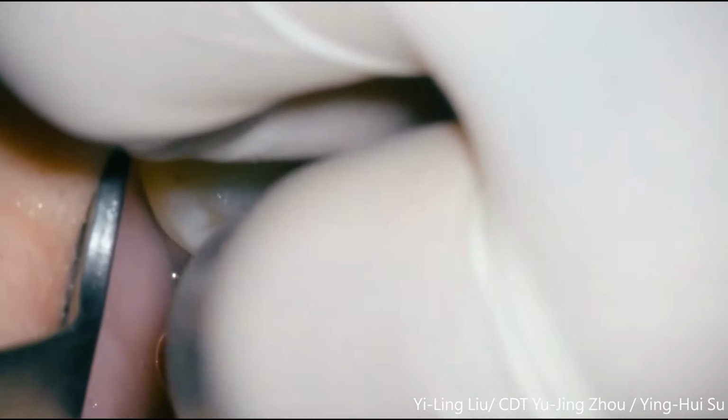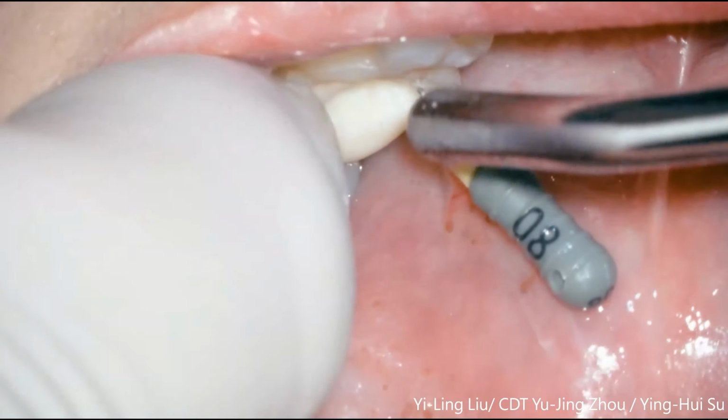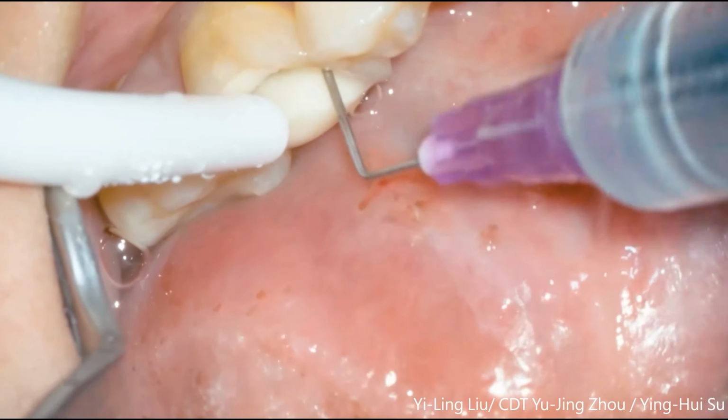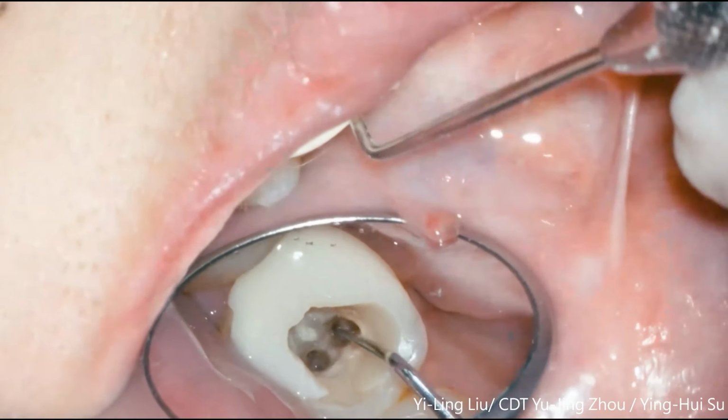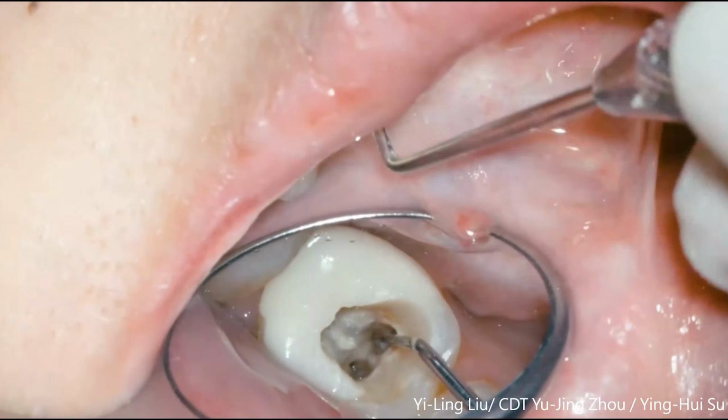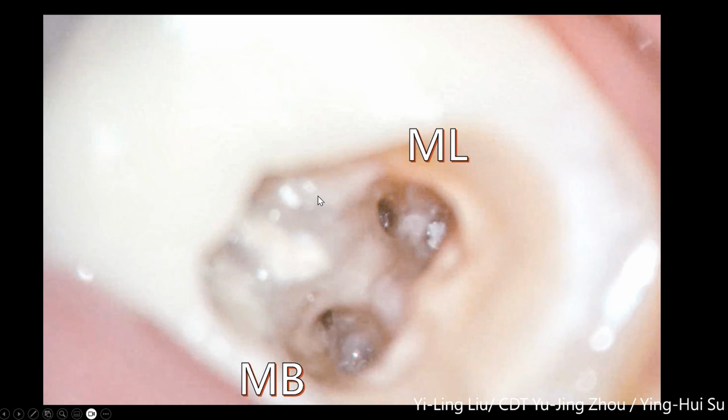But after this, after we found the root canal, we used the rubber dam for all the endodontic treatment. Yes, and this is just the procedure that I'm going to do.